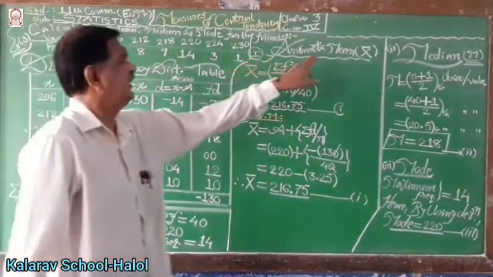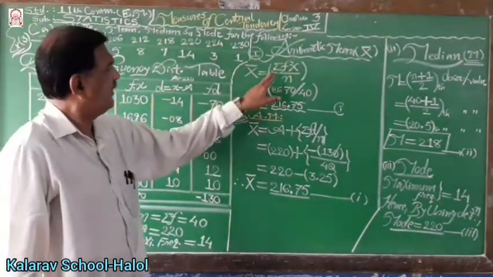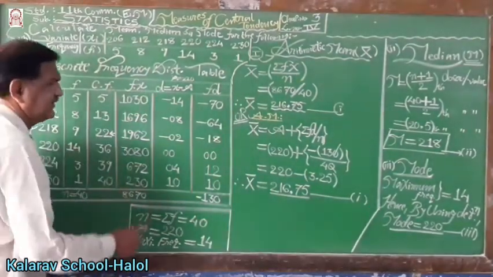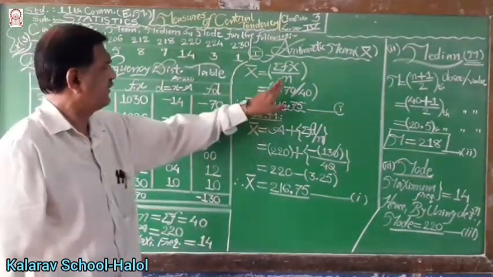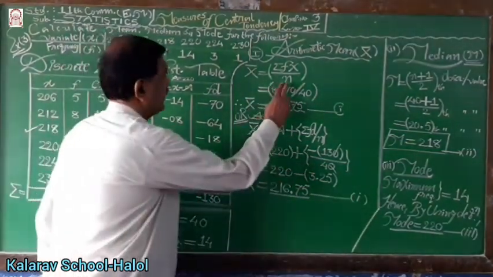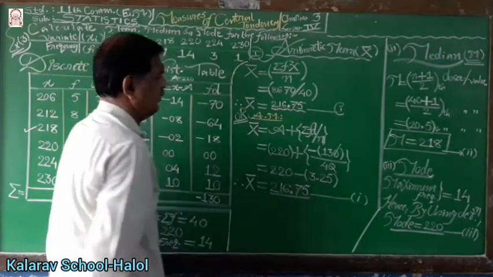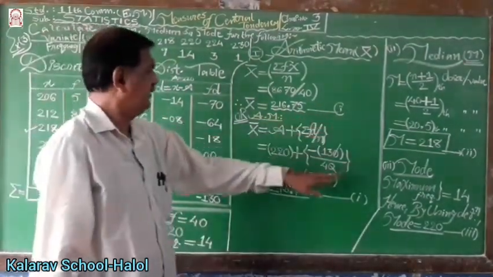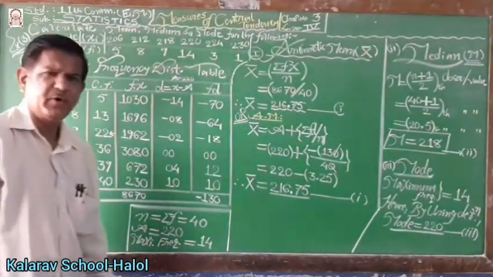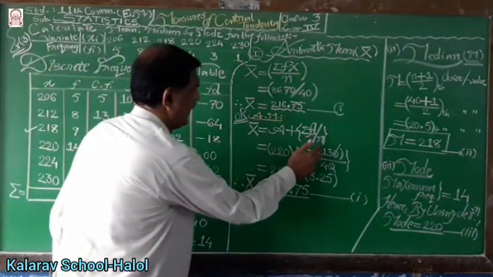Now calculation of mean, median and mode one by one. Arithmetic mean is denoted by x bar or simply known as mean. Sigma fx upon n: total of fx 8670 upon n, the frequency total, 40. Division of these gives 216.75. Call this answer number 1. Another method for computing arithmetic mean: A plus sigma fd upon n.